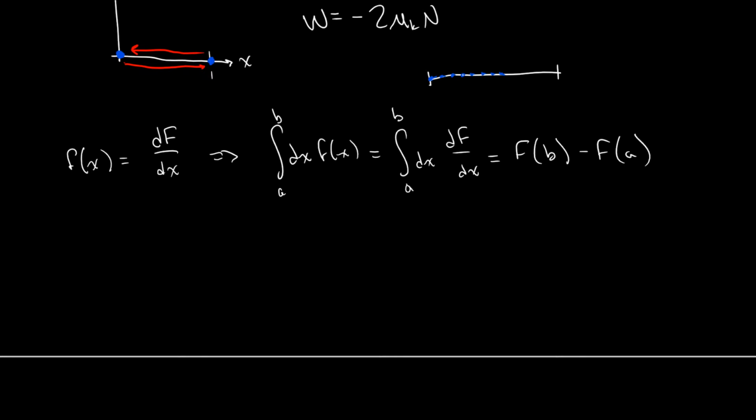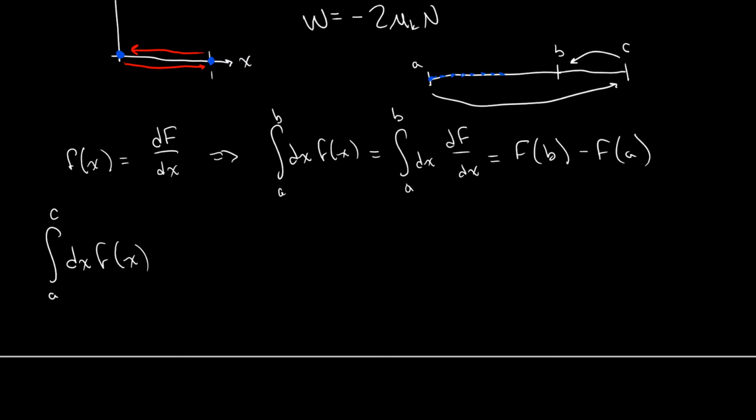But now, let's say, instead of going straight from A to B, I make a little detour, and I first go to C. C could be out here, C could be in here, wherever, but I make a stop at a different point. Well, why don't I just split this into two different paths, just like we did before? The first one, I'll go from A to C, and then the second one, I'll go from C to B. This story is very similar to what we saw before.